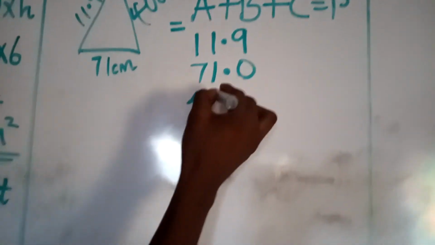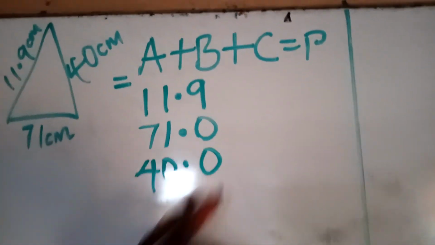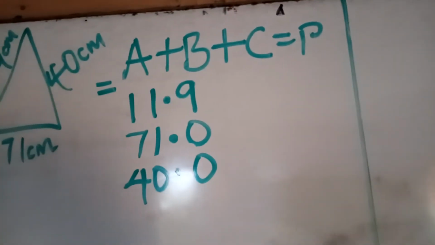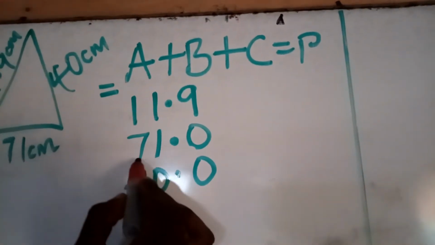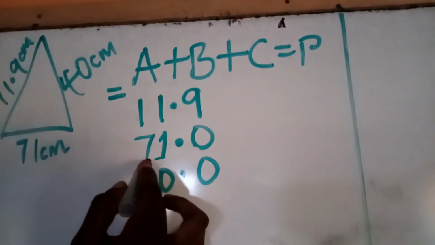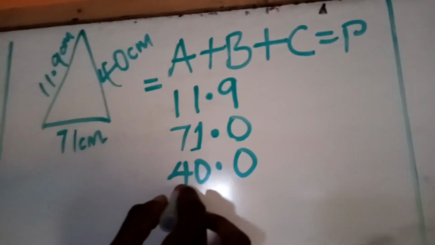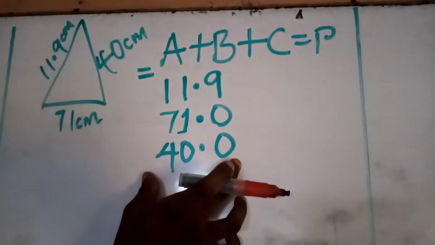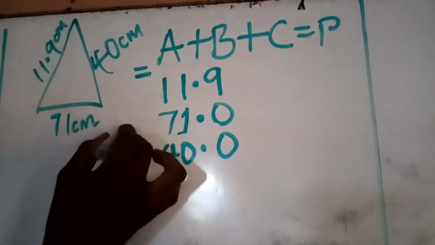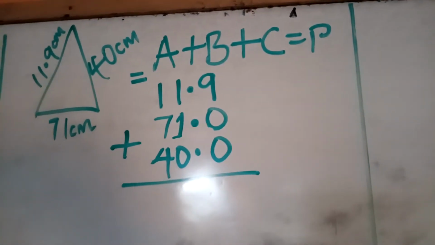Then we arrange it in such a way that the decimal point should be on a straight line. Remember I said add 0.0 to the back of the number that does not have a decimal point. When you are to add numbers like this with a number that has a decimal point, then you add it together.